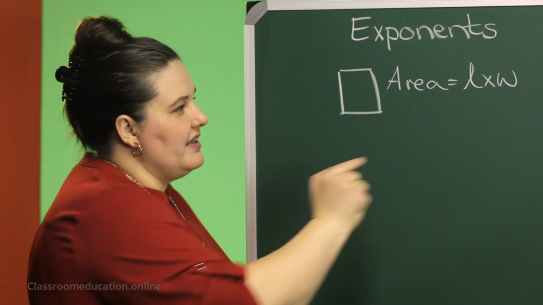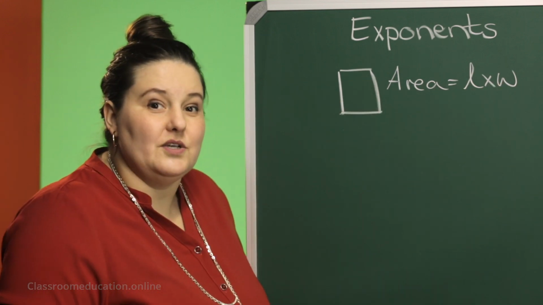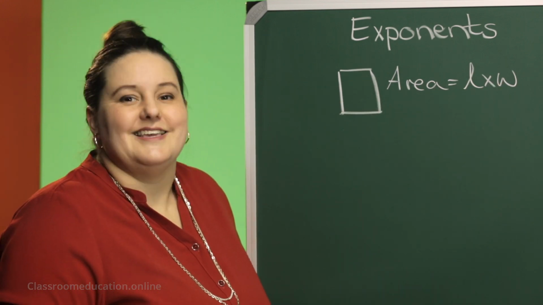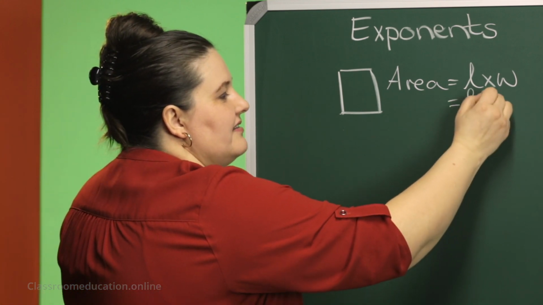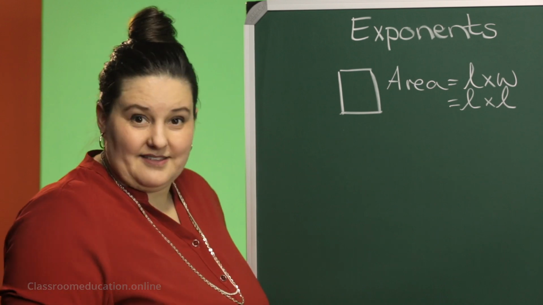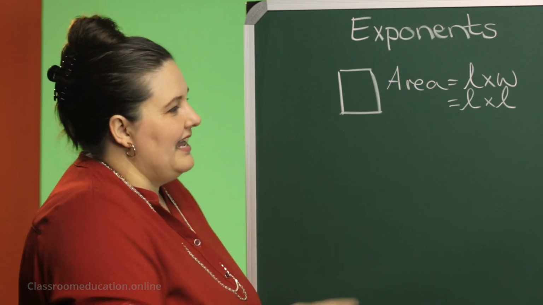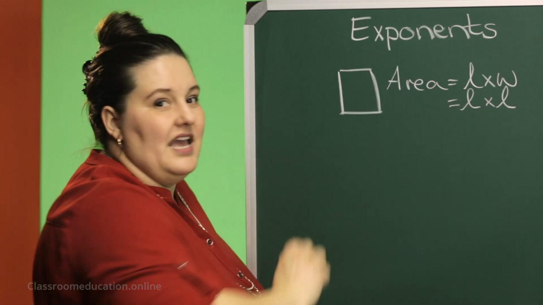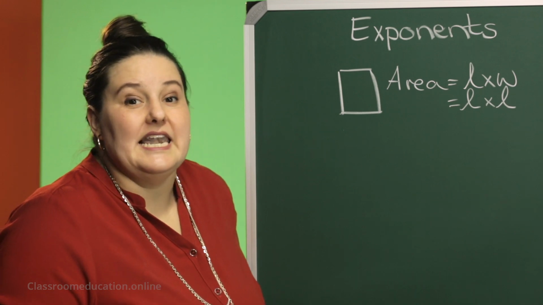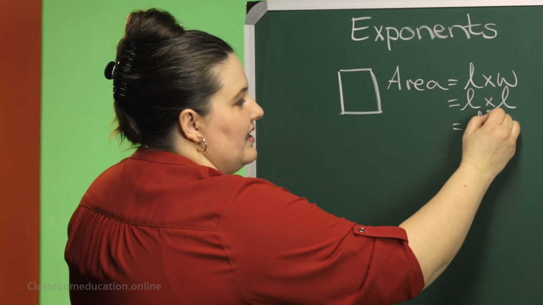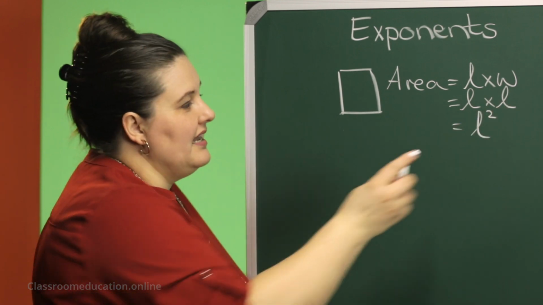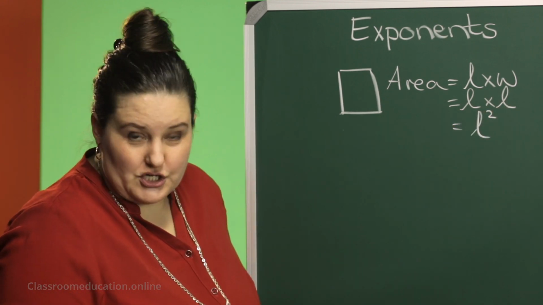So do you agree that width is also the same as the length? Yes. So we can write this as length times length. You agree? And length times length, I can also say is length squared, with a little 2 there, meaning that it is two-dimensional.